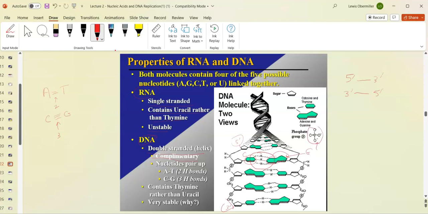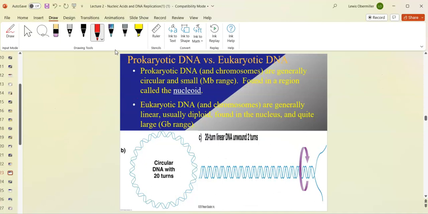Again, negative charges. A's and G's, C's and T's, because we're DNA, right? This would be U if it were RNA. All right. A and T, 2 hydrogen bonds, GC 3, thymine rather than uracil. It's very stable. Why? We talked about that. So it's moving right along.